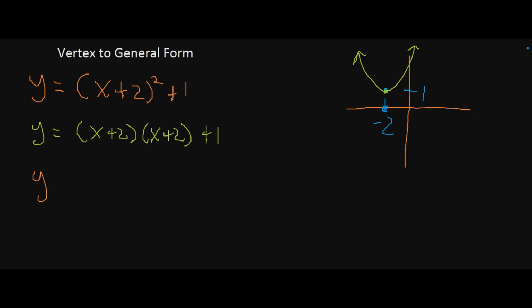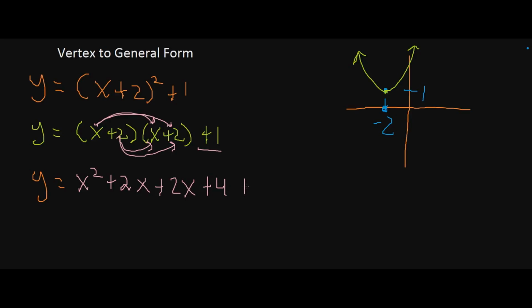So we're going to get y equals x times x, that's going to give me x squared. Then x times 2 gives me plus 2x. Then 2 times x gives me 2x. And 2 times 2 is 4. But we cannot forget the plus 1 out here.